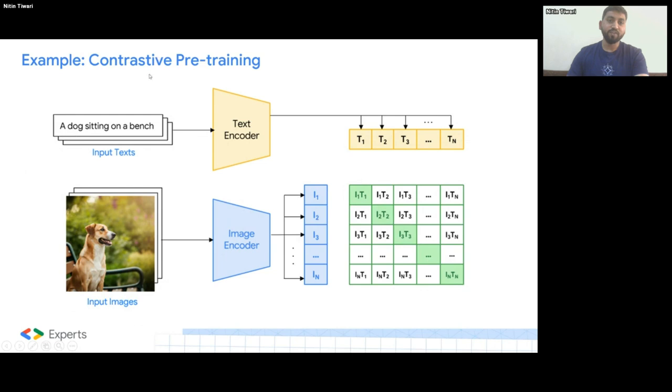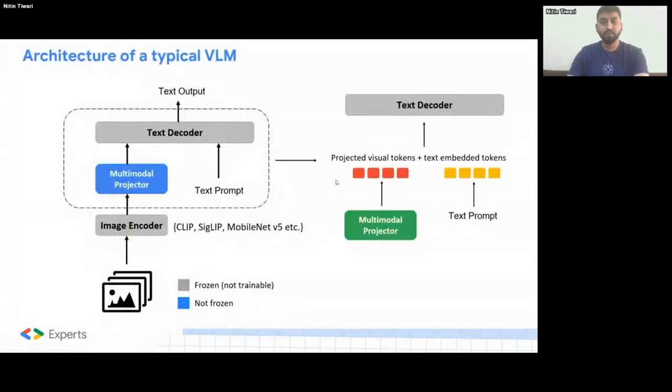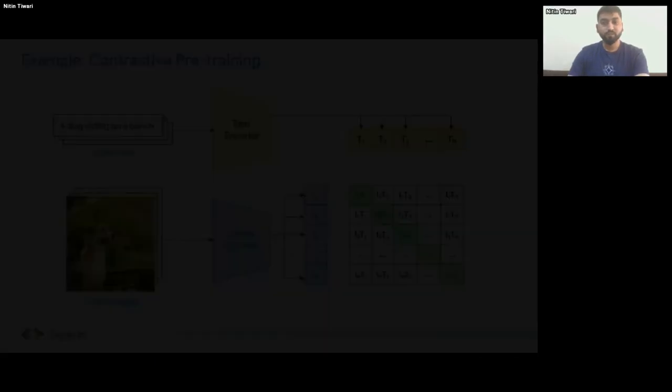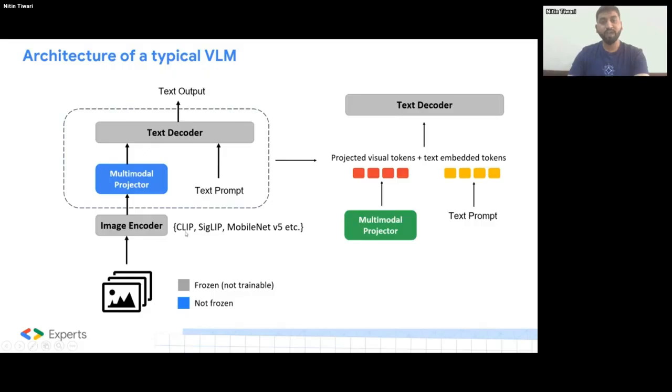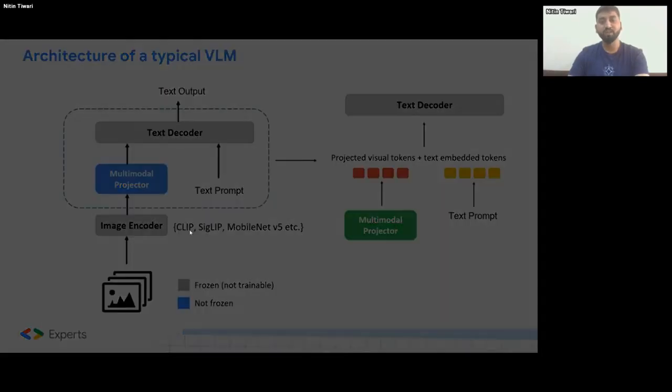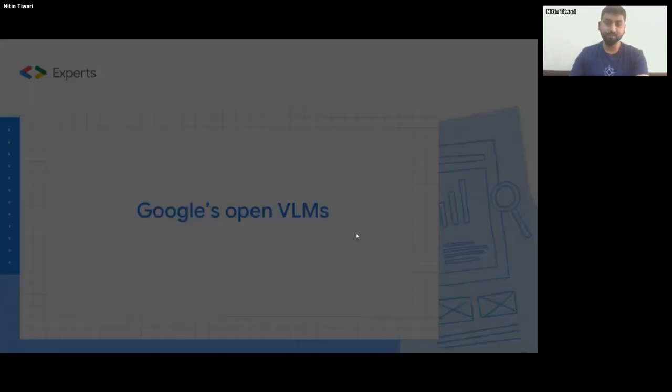That's how contrastive language image pre-training works. It takes into account both the models, the image encoder and the text decoder. It should be text decoder, not encoder. That is what CLIP stands for, language and image. You are training both the models simultaneously.